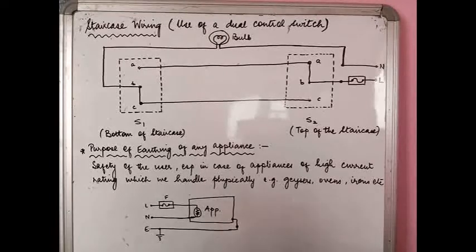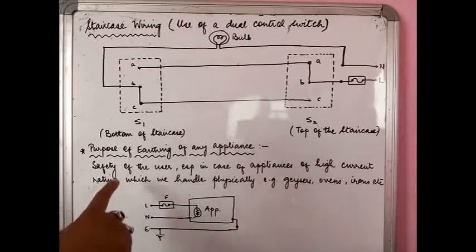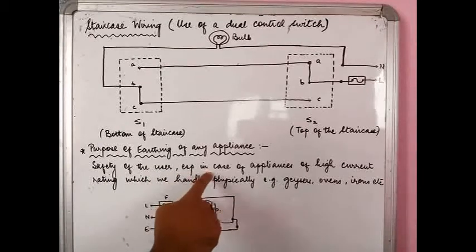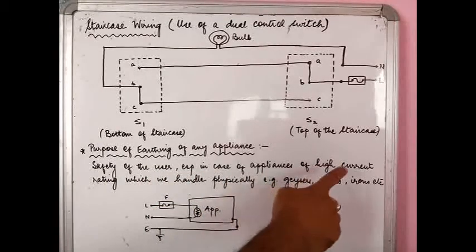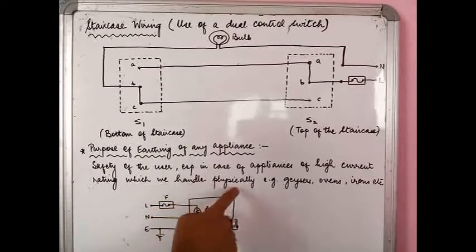It is liable for us to get a shock. It is a possibility that we may get a shock if we do not have sufficient or proper earthing in place. So safety of the user, especially in case of appliances of high current rating which we handle physically.